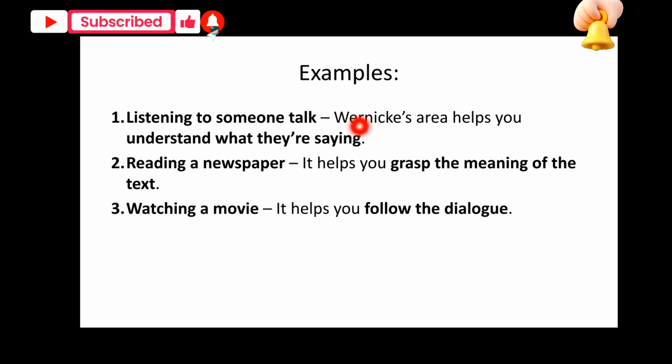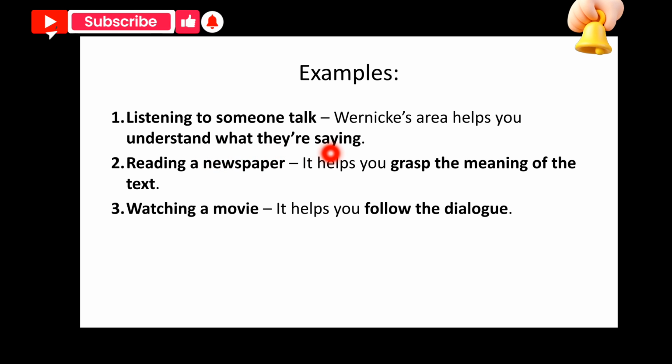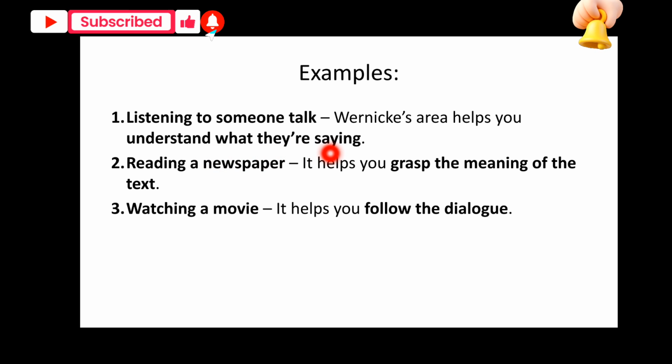We have some examples here. Listening to someone talk: Wernicke's area helps you understand what they are saying. If you are talking to someone and you listen and understand them, your Wernicke's area is responsible for that. Reading a newspaper, it helps you grasp the meaning of the text.